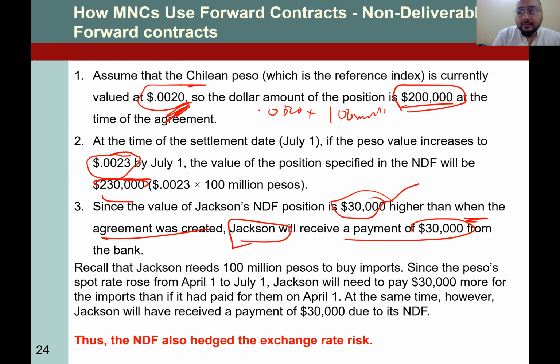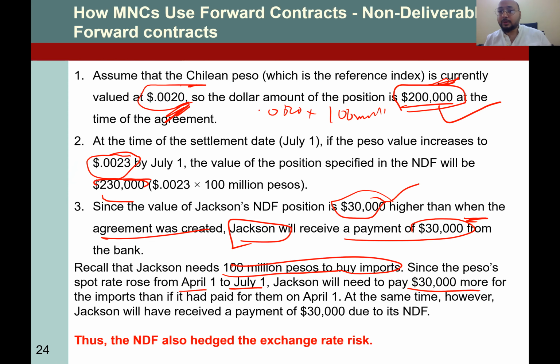So recall that Jackson needs 100 million pesos to buy imports, right? Since the peso's spot rate rose from April 1st to July 1st, Jackson will need to pay 30,000 more for the imports. They calculated the rate was 200,000. Now they need 230,000.